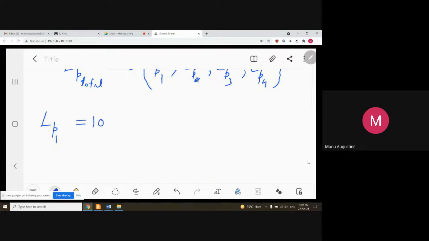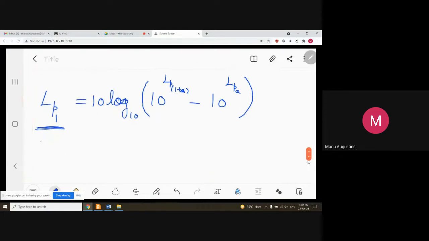I will take 10 log to base 10, and then inside I will take 10 to power LP1 plus ambient minus 10 to power LP of ambient. Now, if I perform this calculation, that is the simple subtraction of sound pressure levels, then I will get the pure sound pressure level of the first component alone.